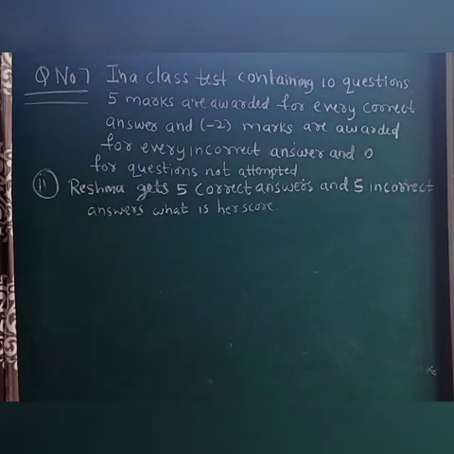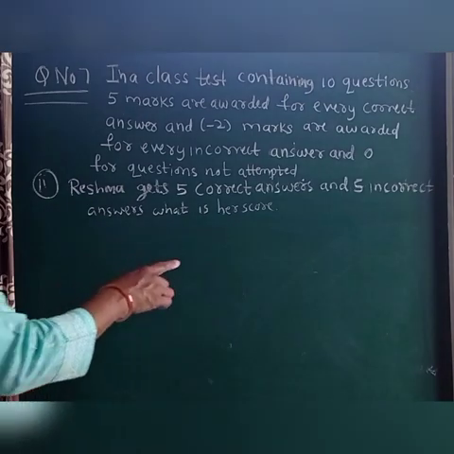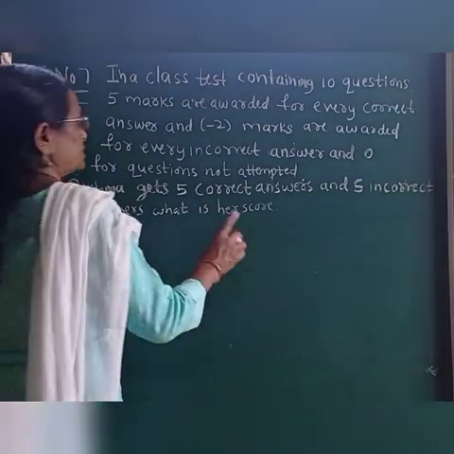Question number 7 only. Second one. Reshma gets 5 correct answers and 5 incorrect answers. What is her score?